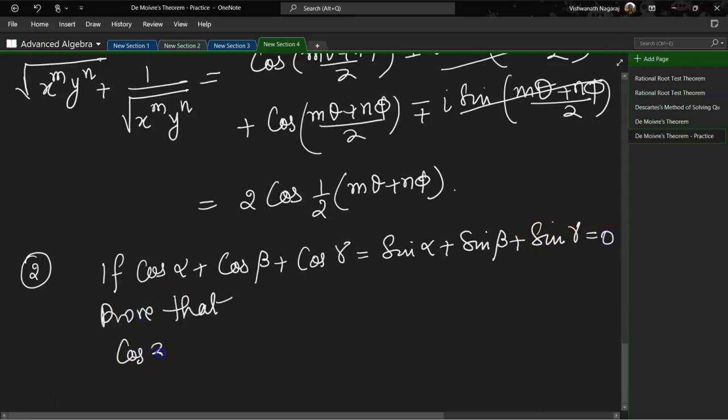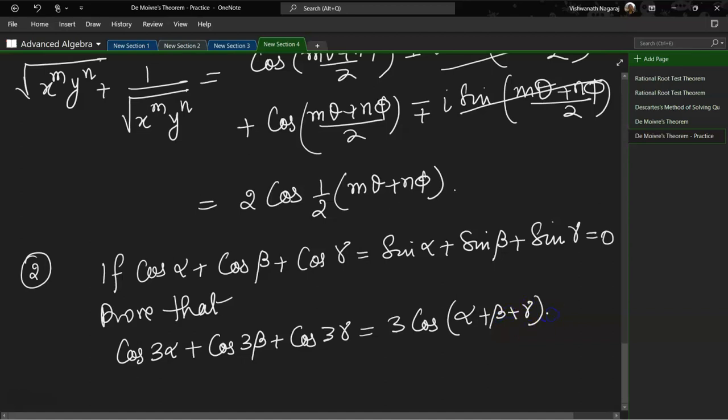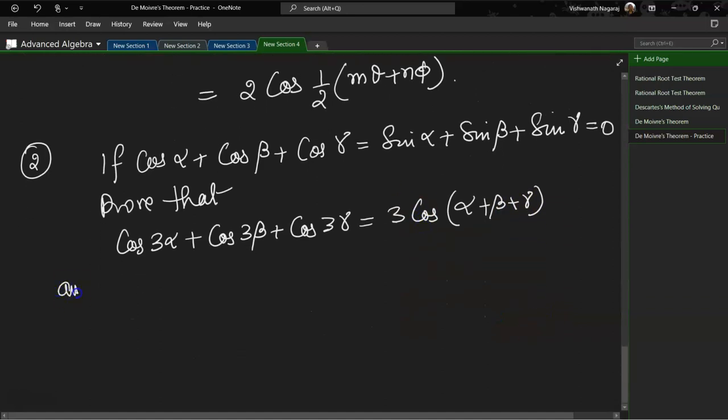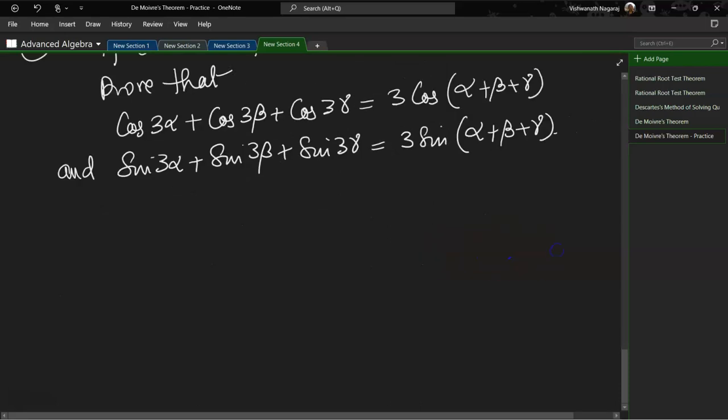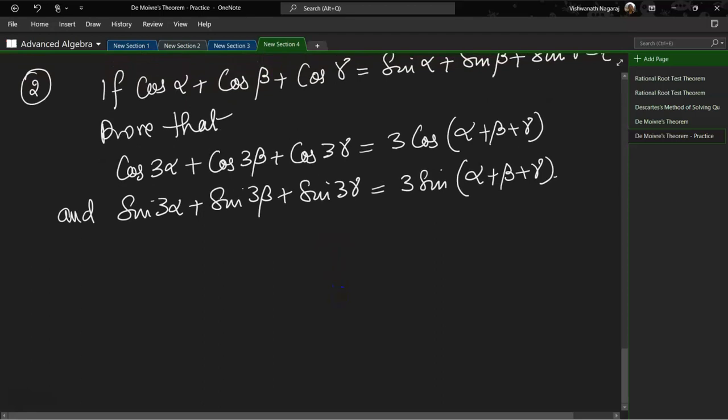Prove that cos 3 alpha plus cos 3 beta plus cos 3 gamma is equal to 3 times cos (alpha plus beta plus gamma), and sin 3 alpha plus sin 3 beta plus sin 3 gamma is equal to 3 sin (alpha plus beta plus gamma). Okay, now how do we proceed with this?